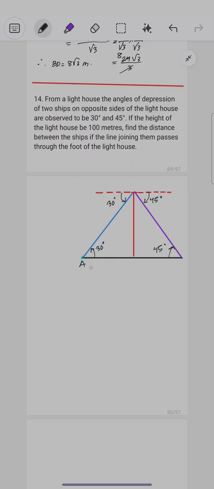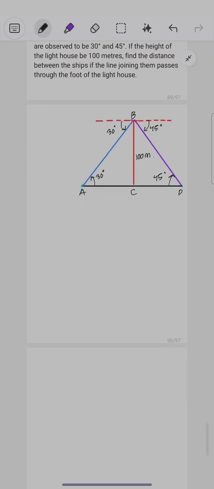Then we name the points A, B, C, D. The lighthouse is 100 meters. Find the distance between the two ships passing through the foot of the lighthouse. The diagram is given.